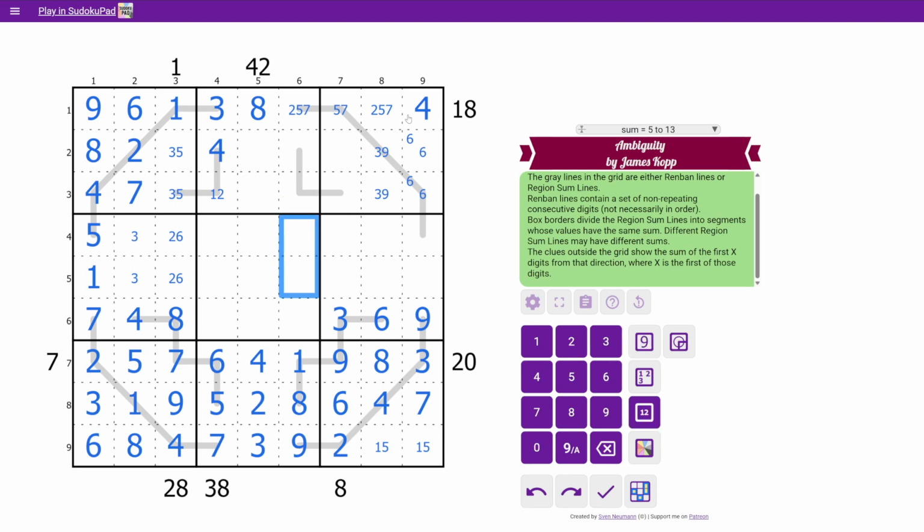What's left? A 4, an 8, a 3, which is a combo now. What else do I see?